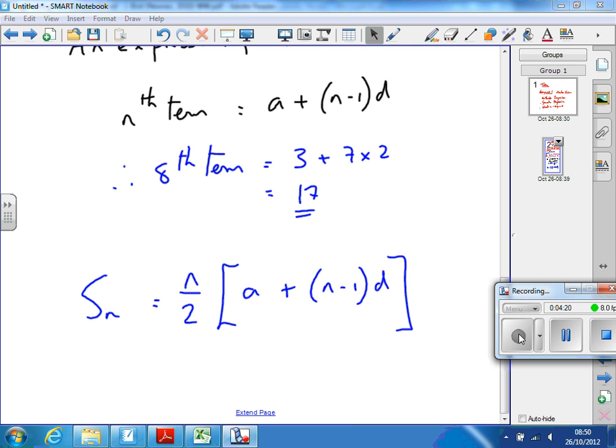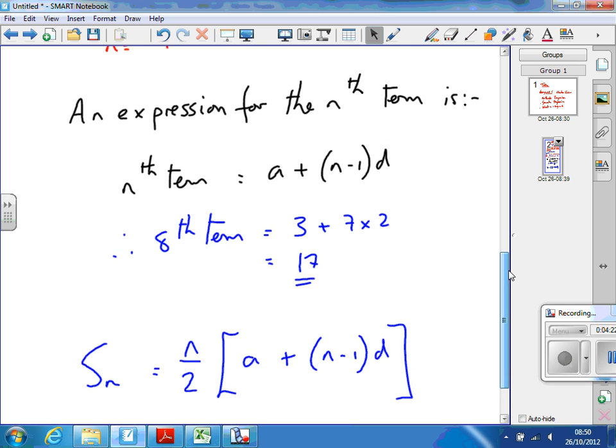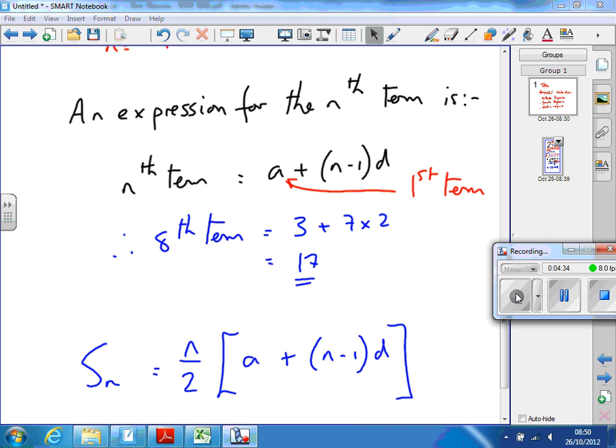So up here we should make a note that this is the first term. These two expressions, one to find any particular term in a sequence, and this one to find the sum as far as the nth term, are useful.